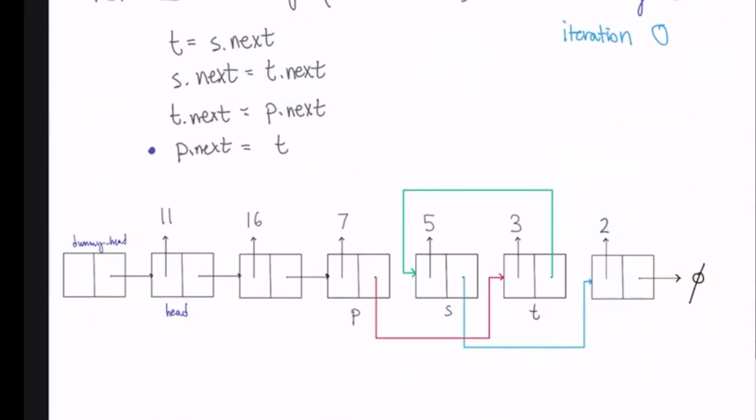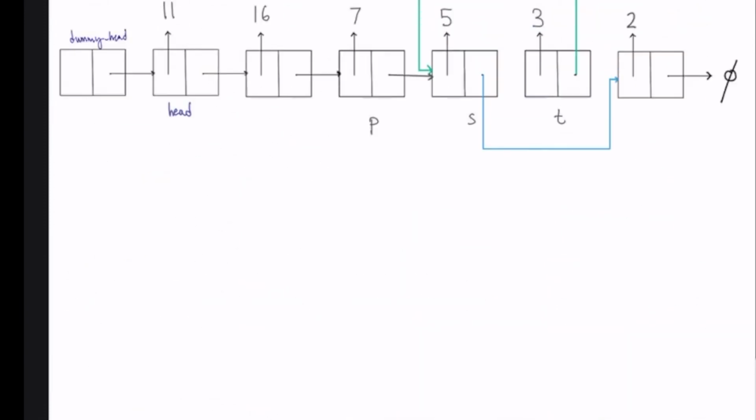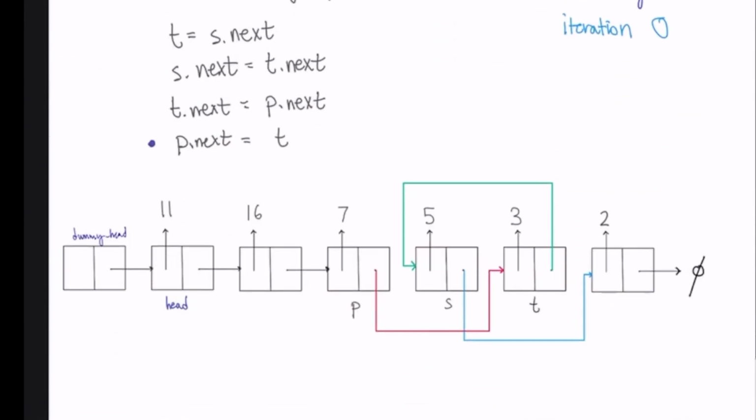Finally, p.next is going to equal t. So p.next, which used to point to this node, is now going to point to t, which is this node. So as you can see with the red arrow, we're moving it so that p.next is pointing to t.